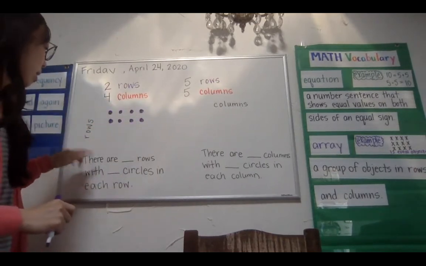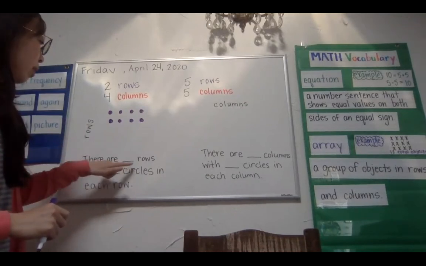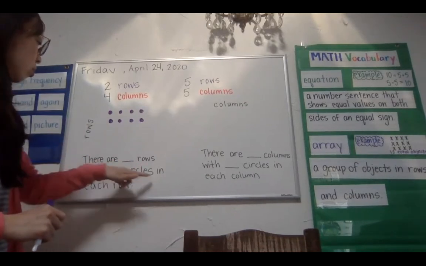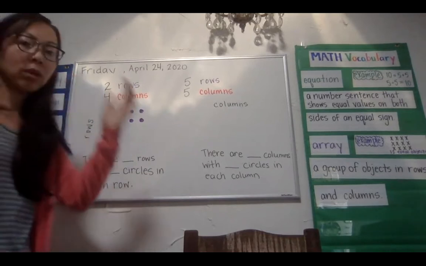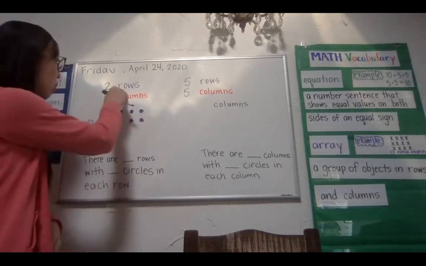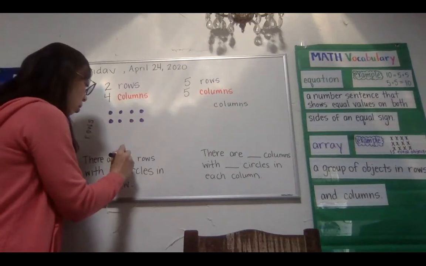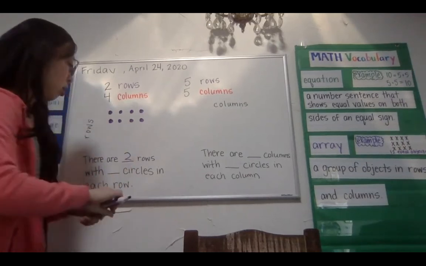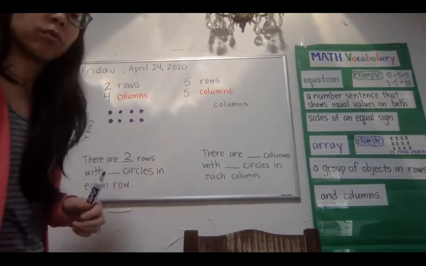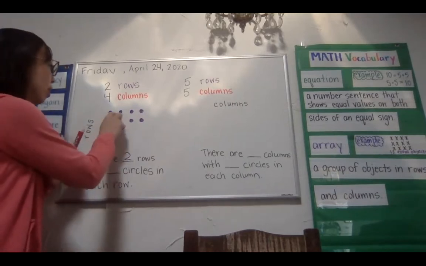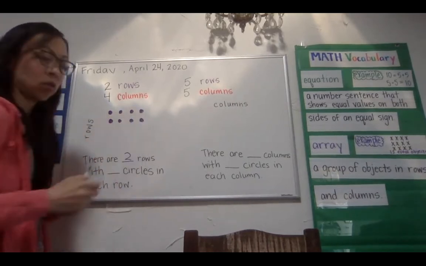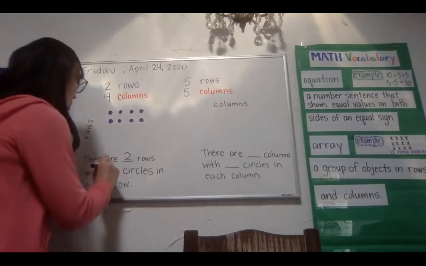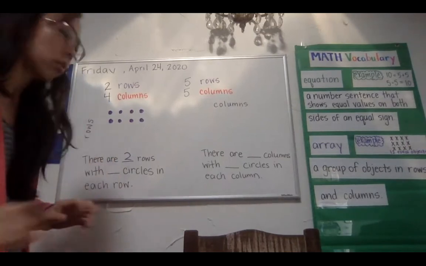So when I'm answering my question, there are blank rows with blank circles in each row. What will I put there? Well, I know that there are 2 rows, and how many circles are in each row? I have 1, 2, 3, 4 circles in each row. So I will write 4 circles in each row.